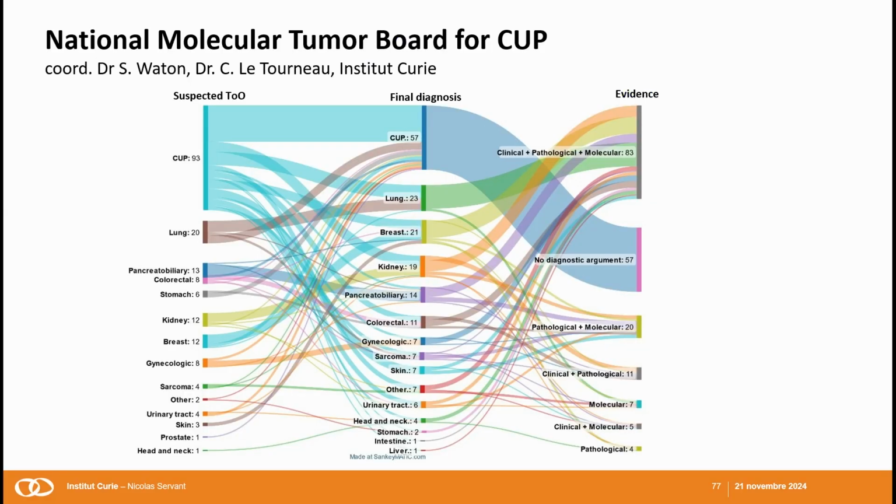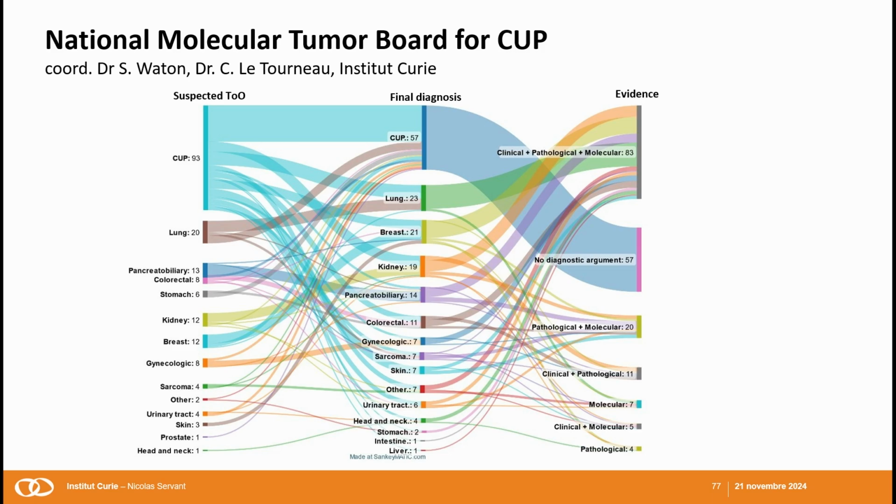So how does it work? This graph is a bit difficult to see, but I will try to explain it clearly. In the first column, you have the suspected tumor of origin, when the doctors present the patients. In some cases, the CUP here, the doctors have no idea where the tumor came from.